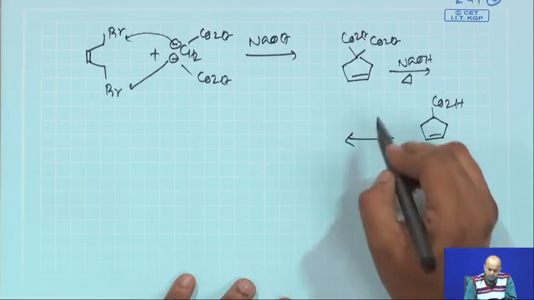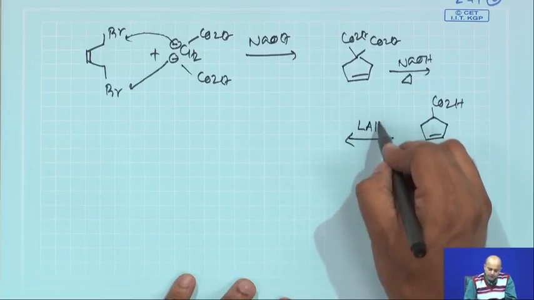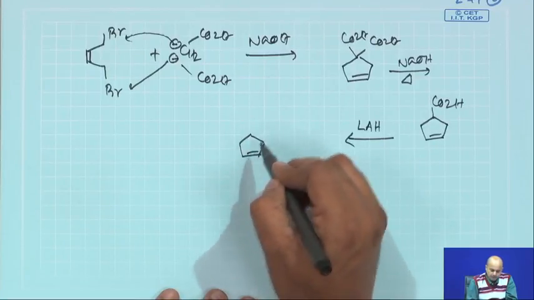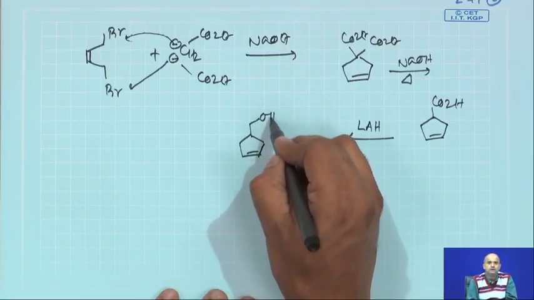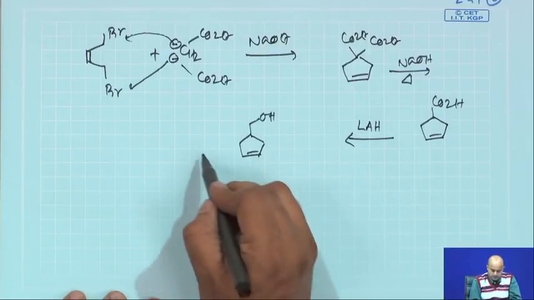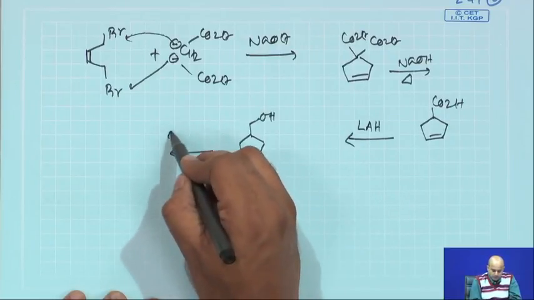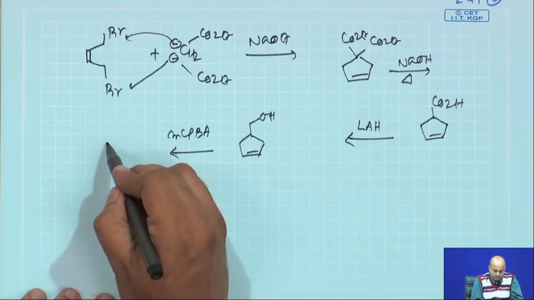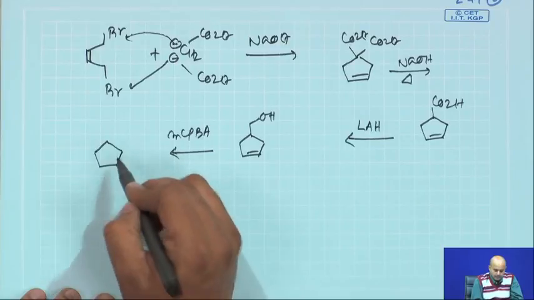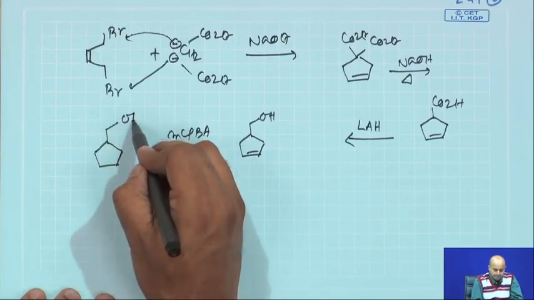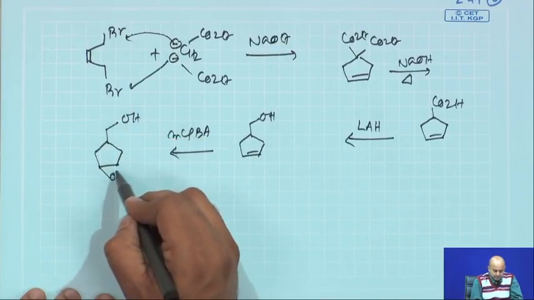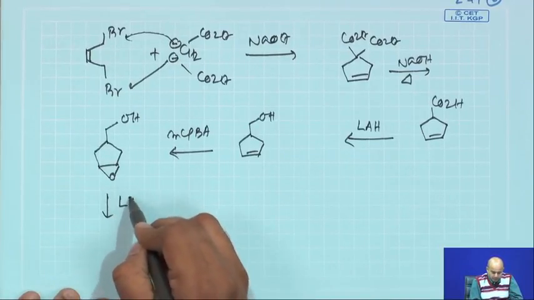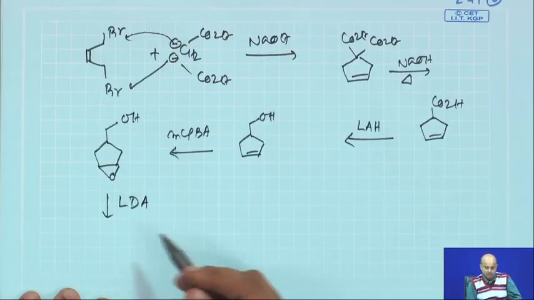Now, this one you basically convert to the corresponding alcohol by lithium aluminum hydride, that will give you CH2OH. Now, this CH2OH you convert with mCPBA to basically give you the epoxy alcohol. Now, you treat with your desymmetrization reagent, the LDA.